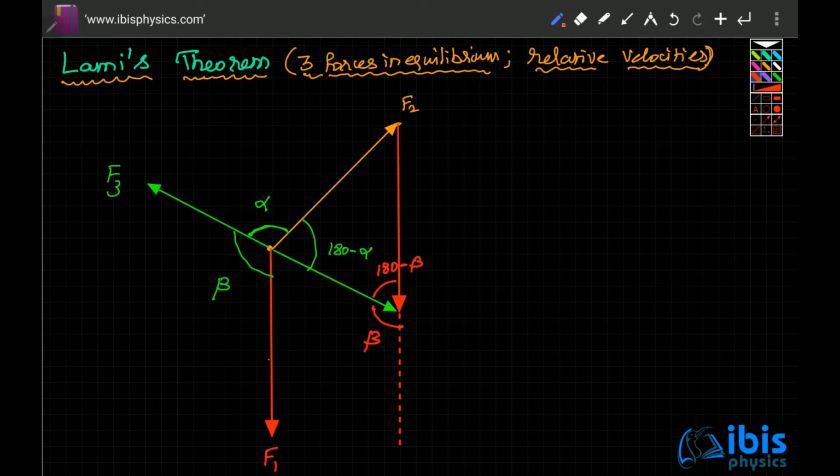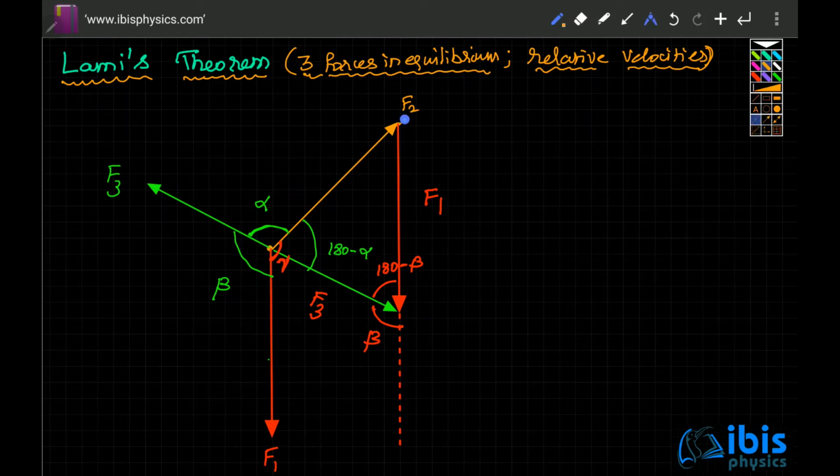This is F1, that means this magnitude is F1. This is F3, this magnitude is also F3. And the next one, the angle between F2 and F1, let us call it gamma. If the angle between these two is gamma, then this line and this line are parallel. This straight line we will extend.